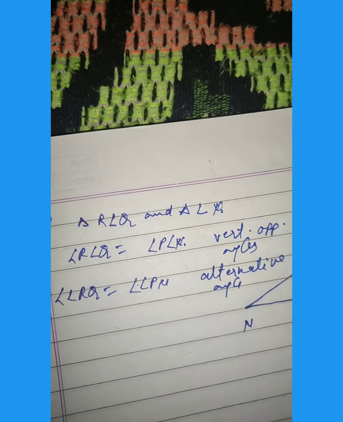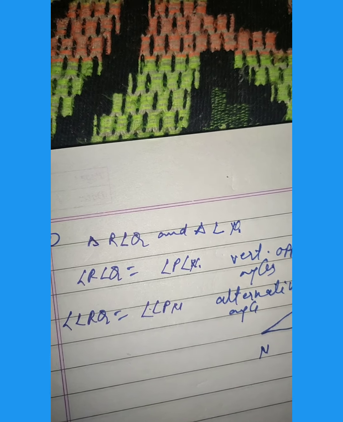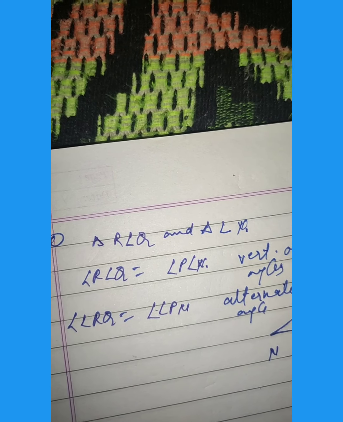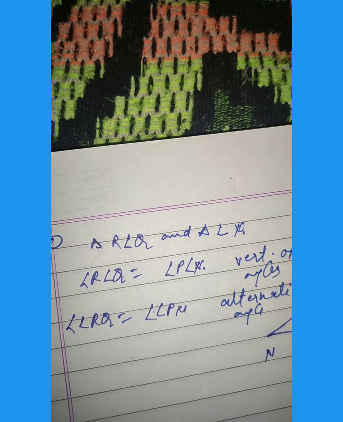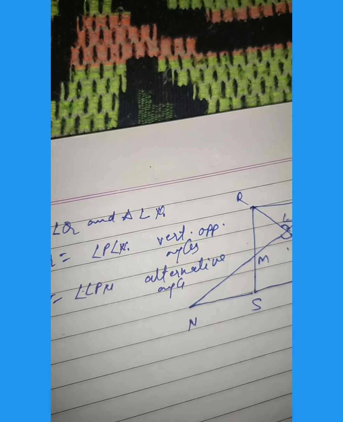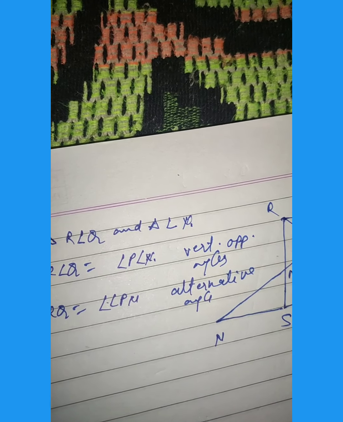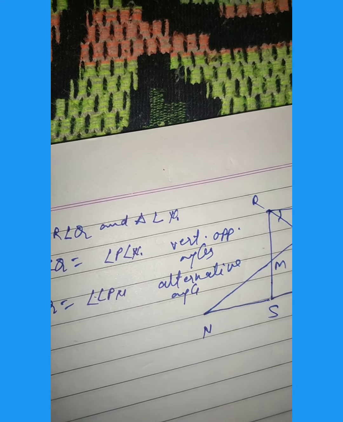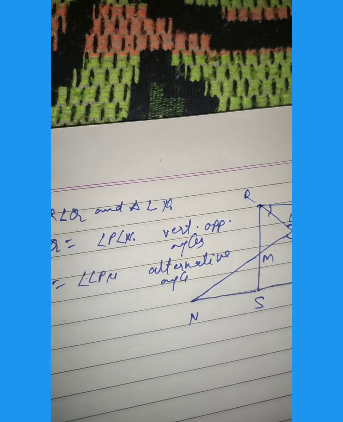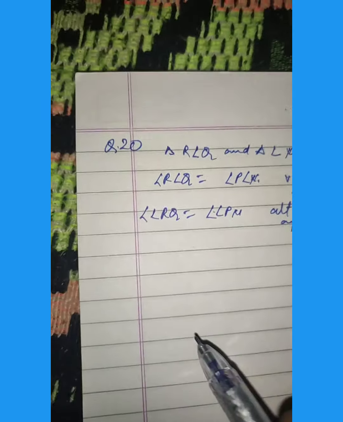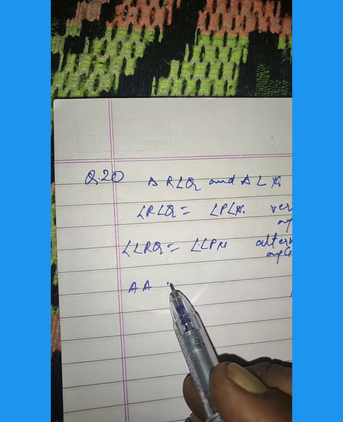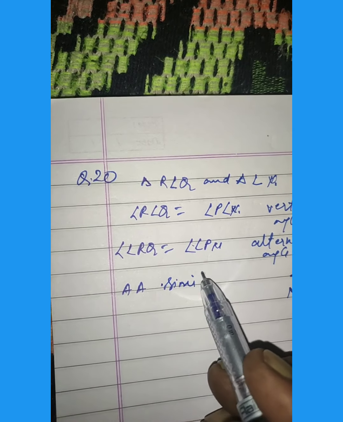These are alternate angles because QR is parallel to PS. So using AA criteria, meaning angle criteria of similarity, you can write anything.